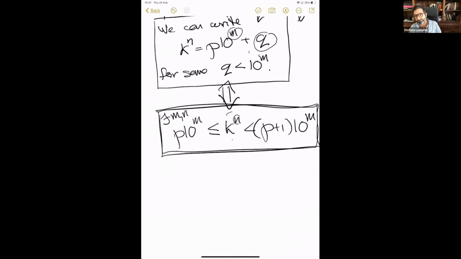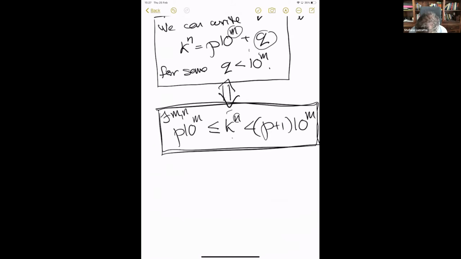So now, what do we do with this? Well, we want to show that there exists M and there exists N. So we have K to the N squeezed into these two, with 10 to the M on both sides. So an interesting possibility would be to take logs of this inequality, log base 10.